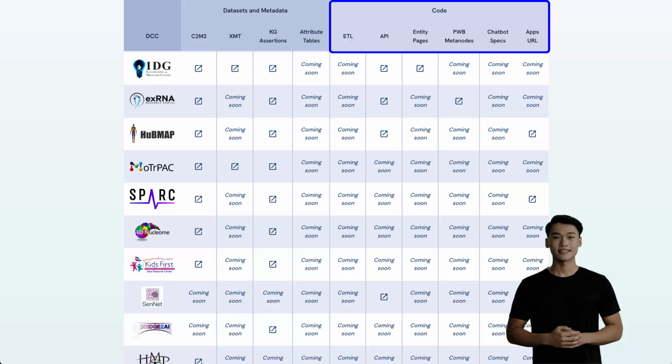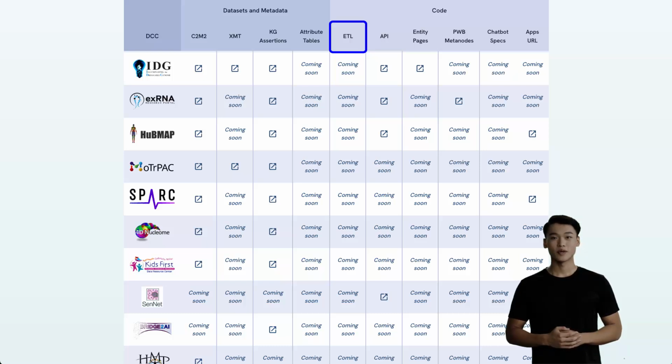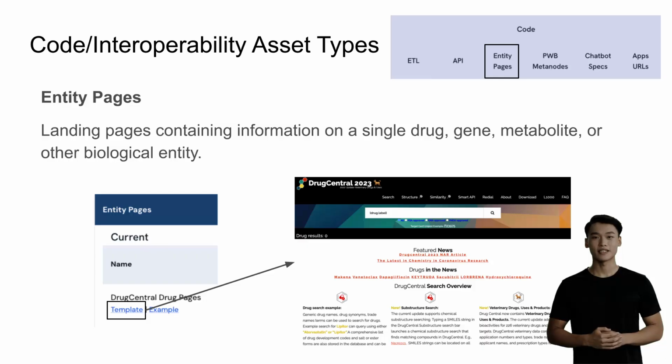The other 6 asset types are code or interoperability assets. These include ETL scripts that have been used for processing any data, especially into one of the other file formats, API specifications, or documentation. Entity pages are landing pages containing information on a single drug, gene, metabolite, or other biological entity.